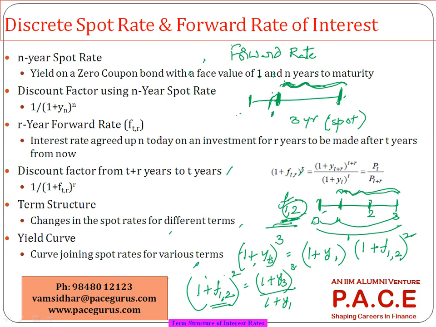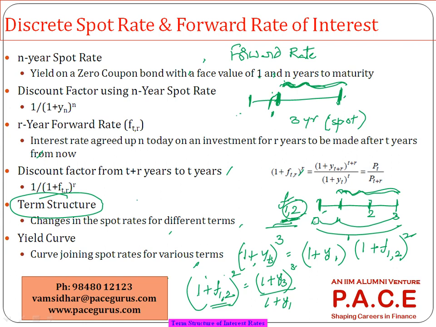So whenever we try to plot a graph of the various spot rates, okay, 1-year spot rate, 2-year spot rate, 3-year spot rate, different periods of spot rates, with time on the x-axis and the spot rates on the y-axis, the curve that joins all those points is what we call the term structure of the spot rate.